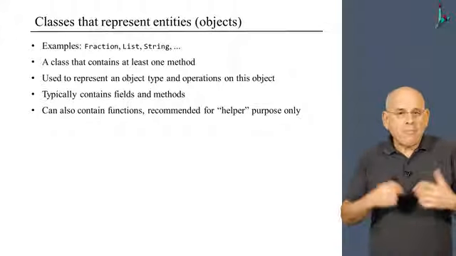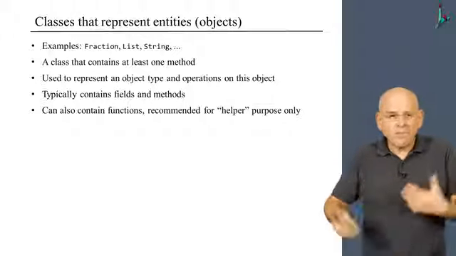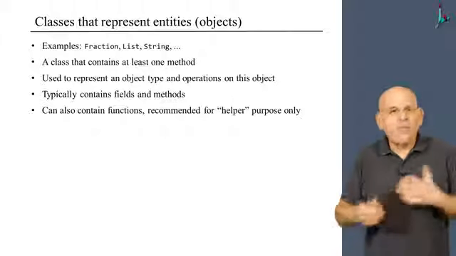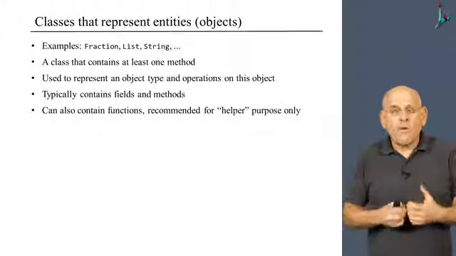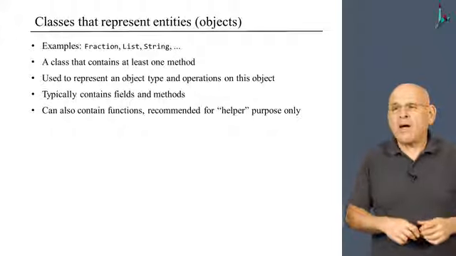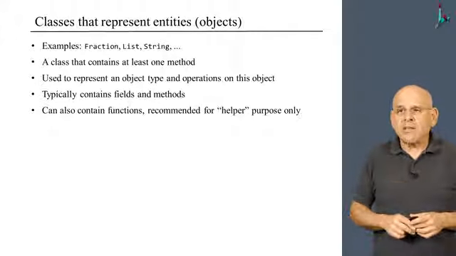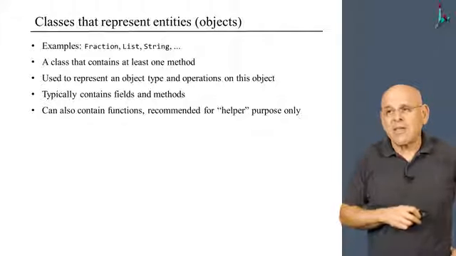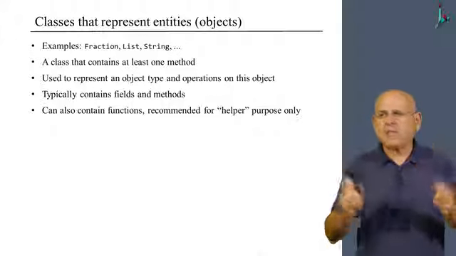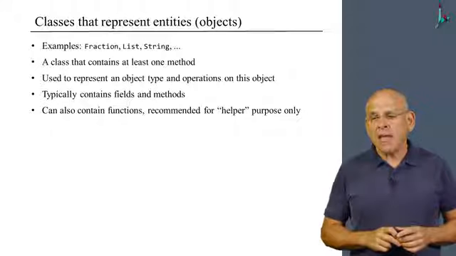So for example, if you write a method that operates on an object, and in the process of doing so, you have to do some long, complex computation that repeats itself in several other methods, you may want to factor this computation outside to a function that resides in the class, and only other subroutines in the class use it. So that's perfectly okay. You can create such helper functions for internal purposes.